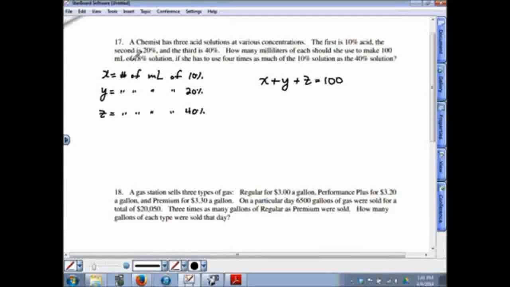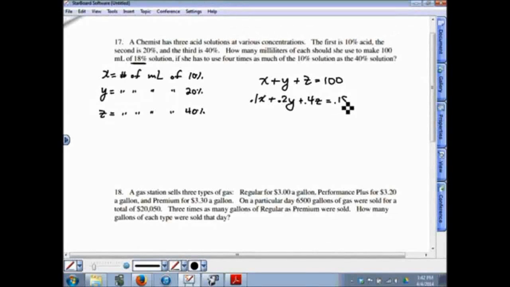Now it says here that the 100 milliliters has to be 18% concentrated. So now we have to start talking about the concentration. So we're going to have 0.1, 10% of x, because the x solution is 10% concentrated. We're going to have 0.2 y plus 0.4 z, and here's where students make a very common but very costly mistake.